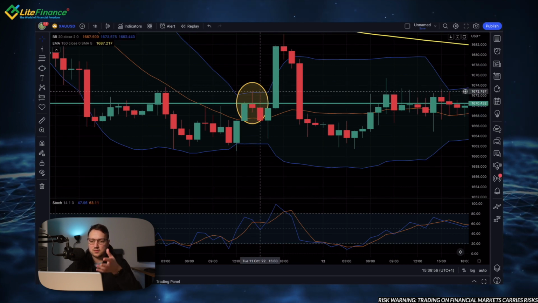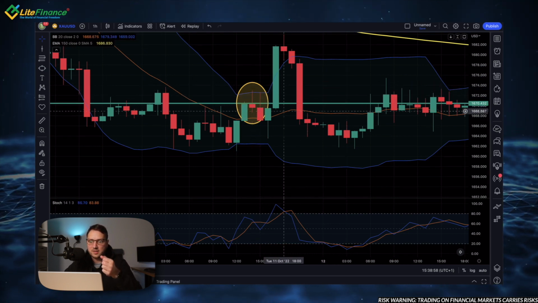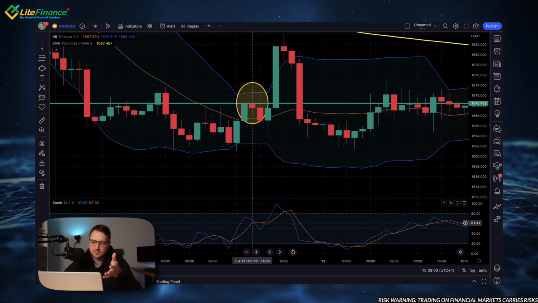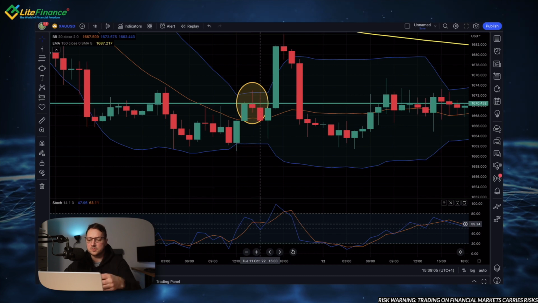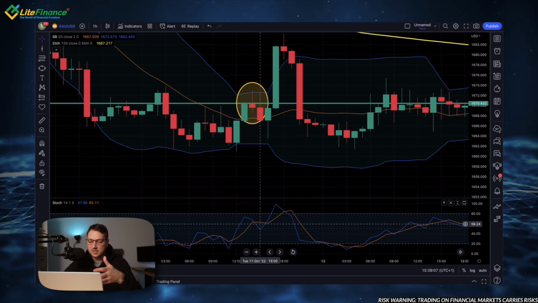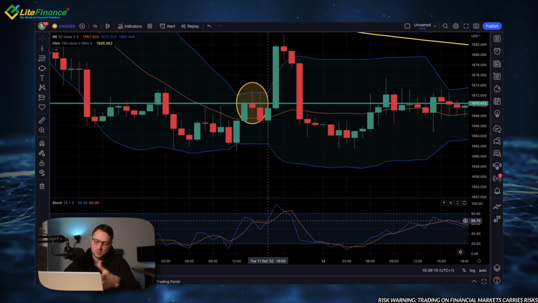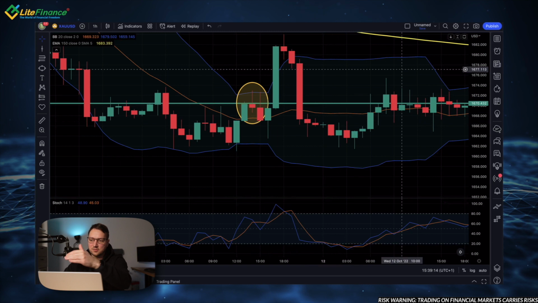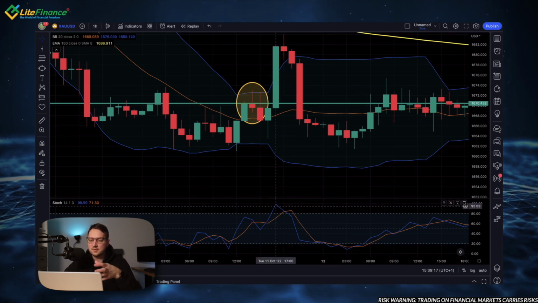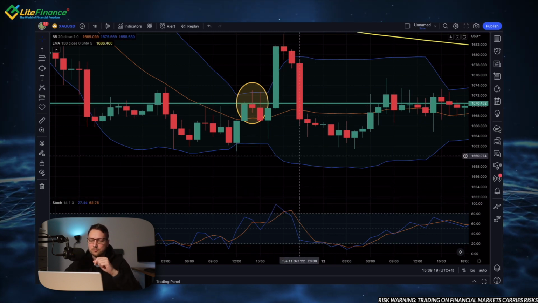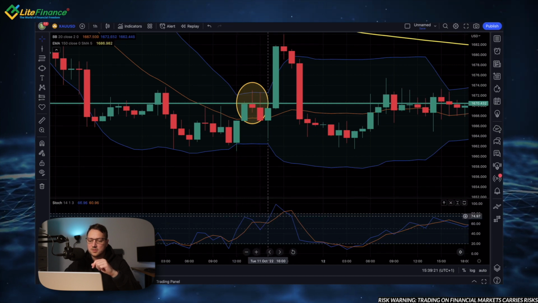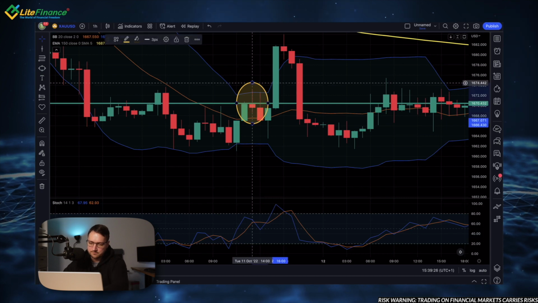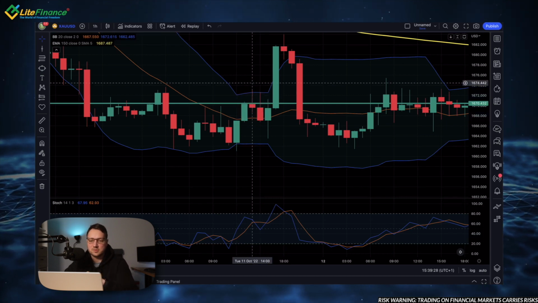The price went above the Bollinger Band, so we might think this is a good opportunity, but the stochastic didn't give us a signal at all, because we only take signals from the stochastic when the indicator goes into the overbought or oversold zone, depending on the trend direction, and the lines cross. The stochastic wasn't even in the overbought zone, so it would filter out this mistake.